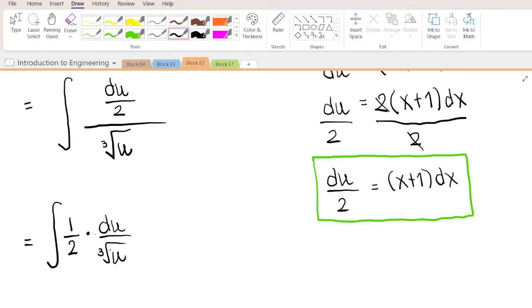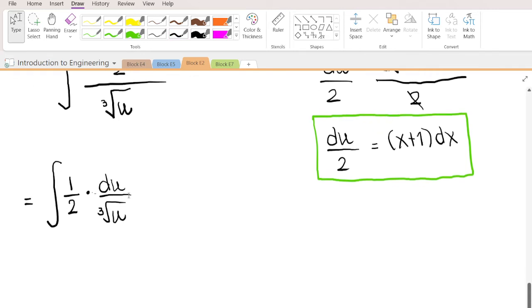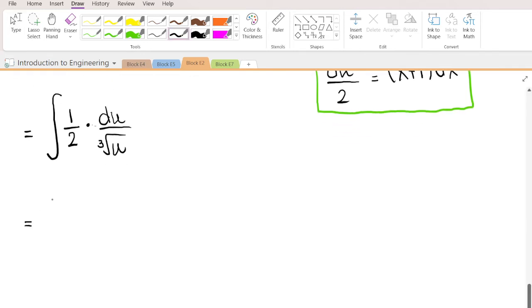So again, the cube root of u is not useful. So we can convert that to the integral of 1/2 times du over u to the power of 1/3. Okay? But again, this is in the denominator, so we cannot do the power rule right away.